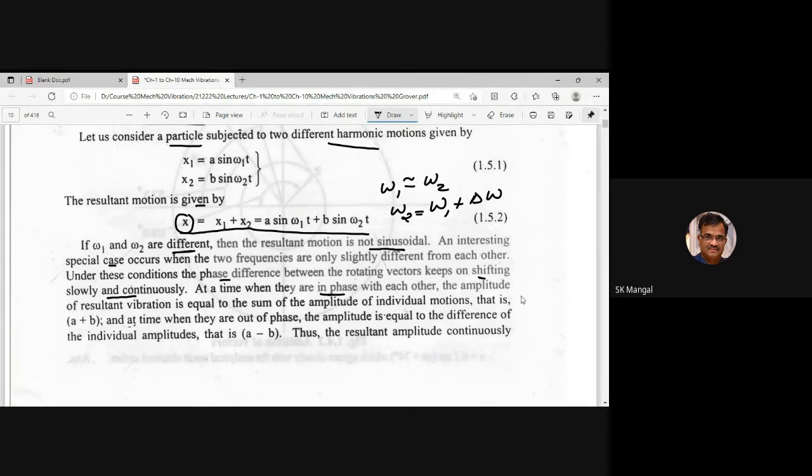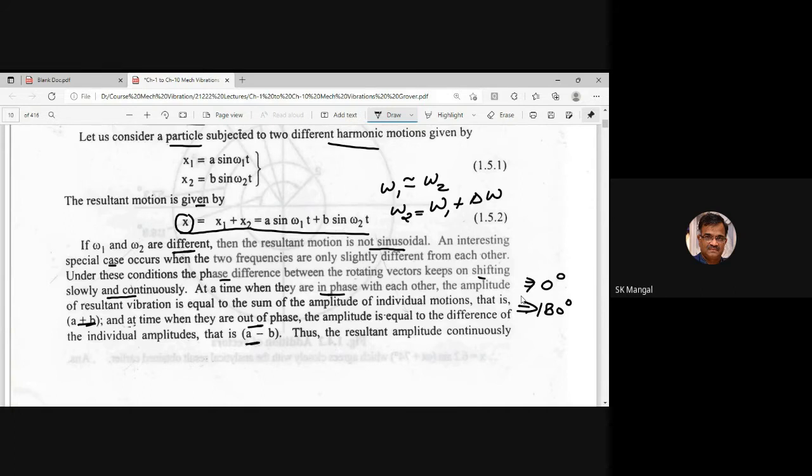So you have two conditions here. When the phase difference is 0 degrees they are in phase, so the resultant amplitude will be A plus B, and when they are 180 degrees out of phase, the resultant amplitude will be A minus B.